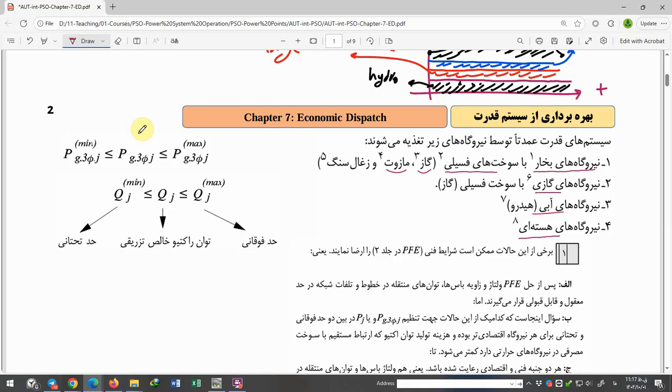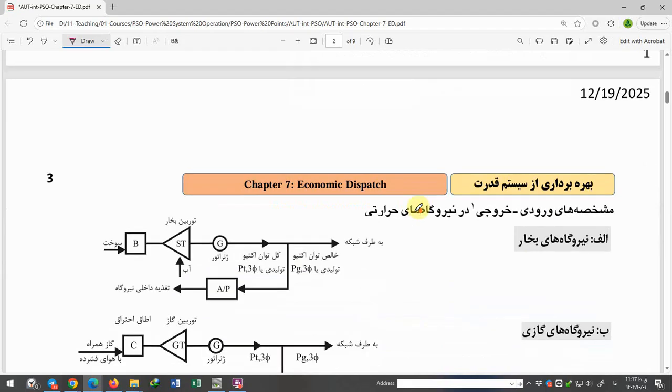These names are not for your final exam, but we have to introduce the types of generators or power plants for the next calculation.